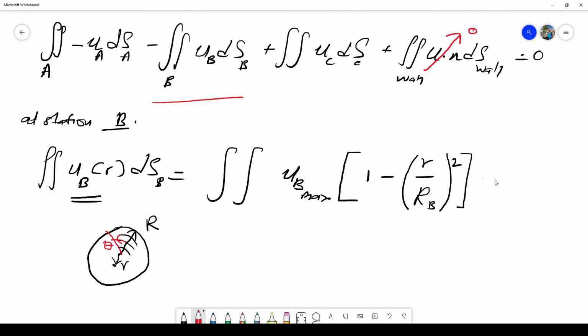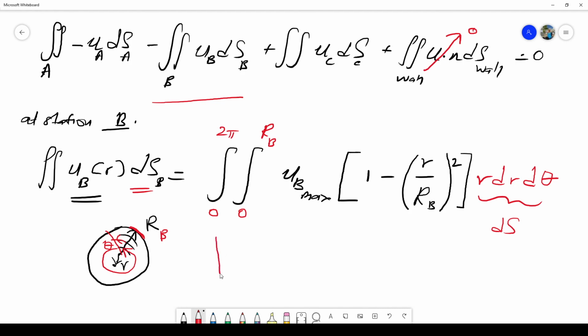So in this case, dS is represented by R dR d theta, which represents the surface B. We first integrate our flow, or the mass, from 0 to RB, the outer radius, and then we integrate from 0 to 2 pi, that means from angle 0 all over the 360 degrees.